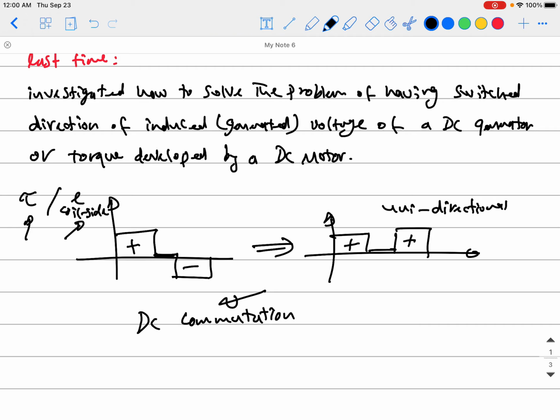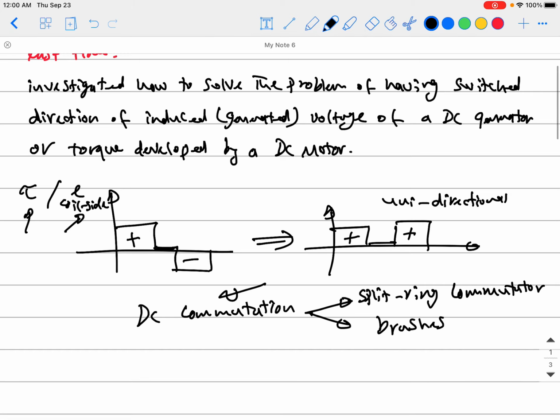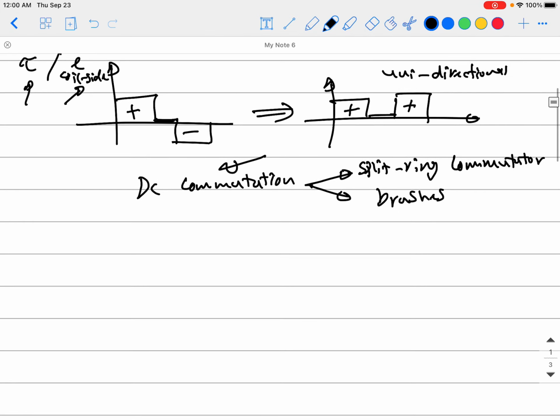We did this by the use of two valuable assets, the split ring commutator, or commutator for short, and brushes.